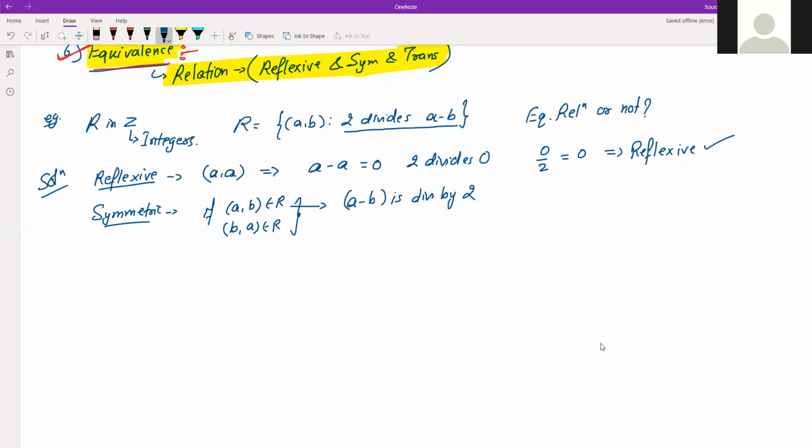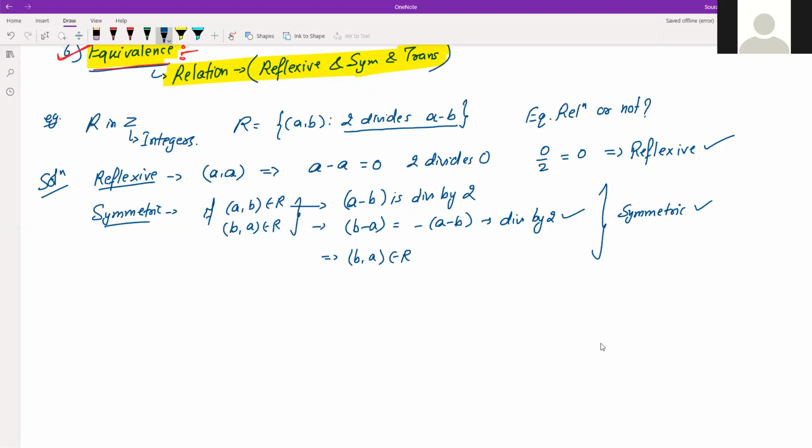So if a minus b is divisible by 2, what is b minus a? b minus a is equal to minus of (a minus b). So that is also divisible by 2. So this means that (b, a) also belongs to the same relation. So based on these, what can I say? That it is symmetric as well.